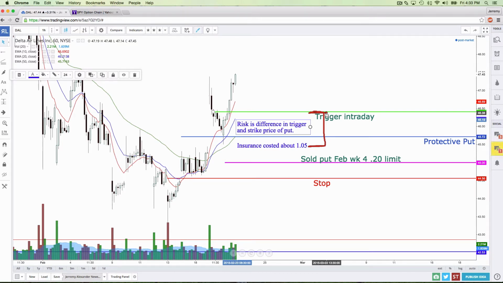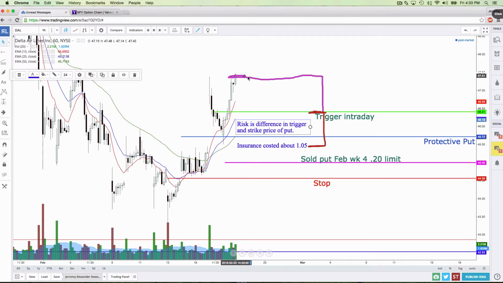That's your risk. Now, if you think about it, you're spending money on the trade. You're spending on insurance, which is about $1.05. So at some point, if Delta moves up $1.05 from 46.41, so let's say that's 47.46, which is exactly where we ended the day, pretty much.